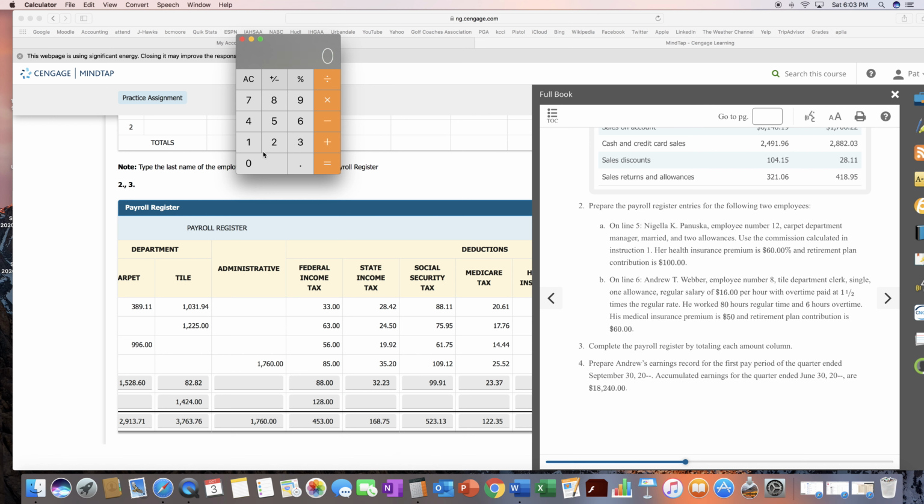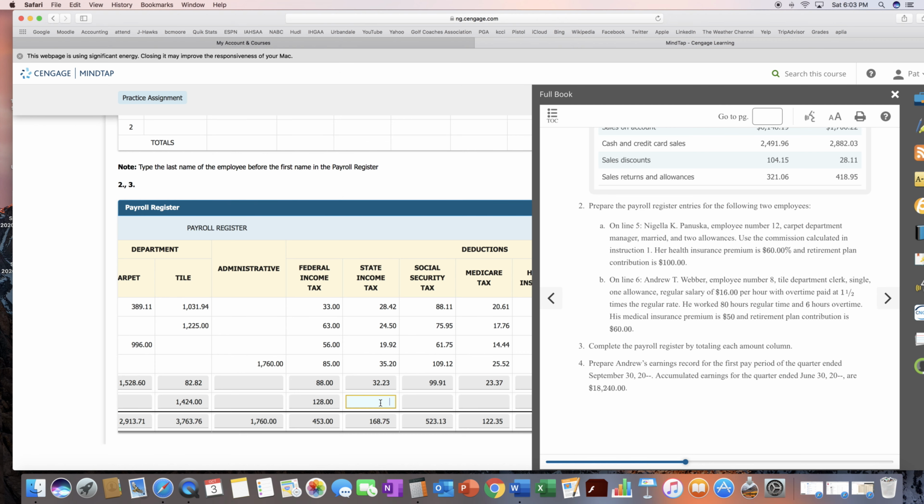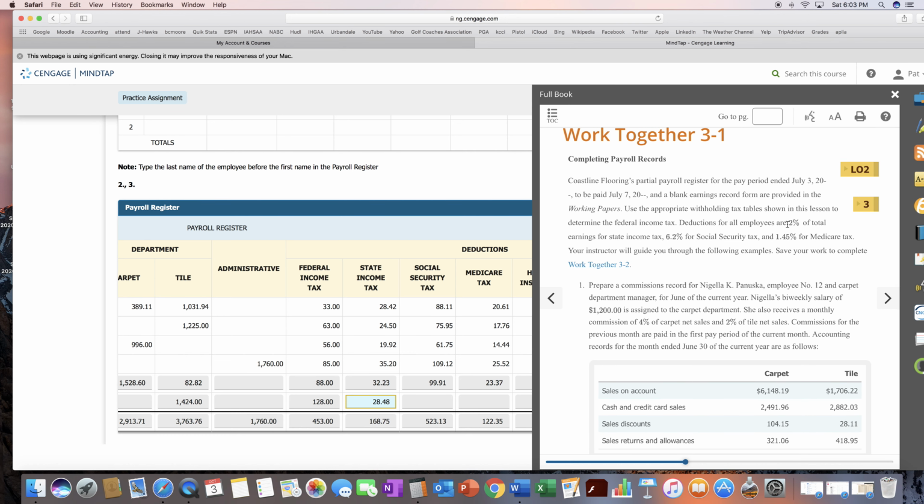We take 1,424 times 0.02. And we get 28.48 for state income tax. Why did we take it times 0.02? It says up here, deduction 2% for total earnings for state income tax. We deduct 6.2% for Social Security.